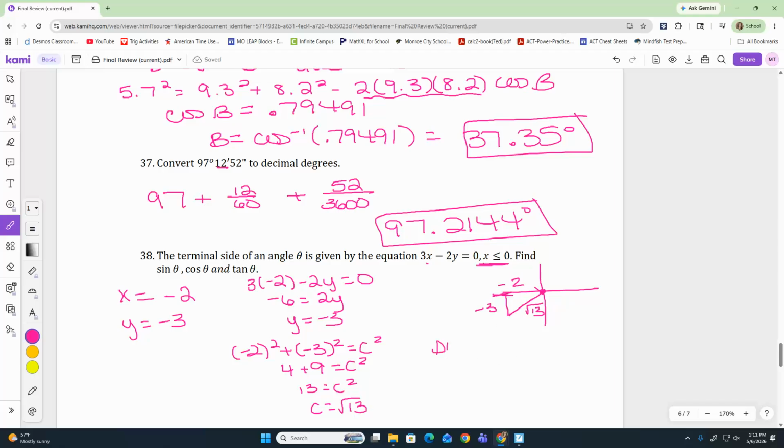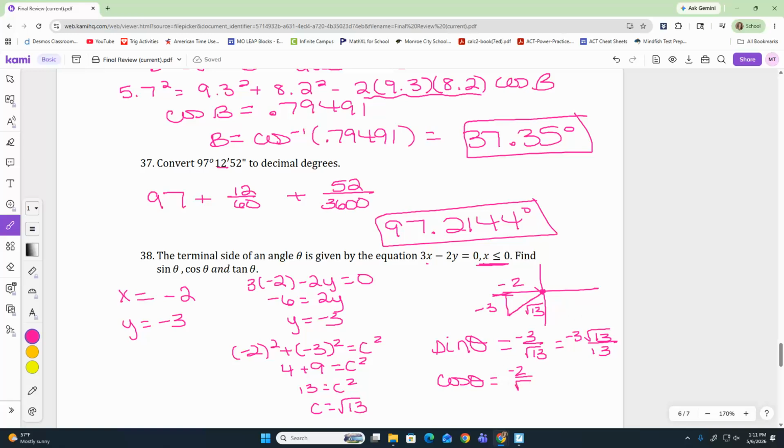So sine, you can do the xyr definition or just think SOHCAHTOA, sine is opposite over hypotenuse. So negative 3 over the square root of 13 or negative 3 radical 13 over 13. Cosine was x over r or adjacent over hypotenuse.